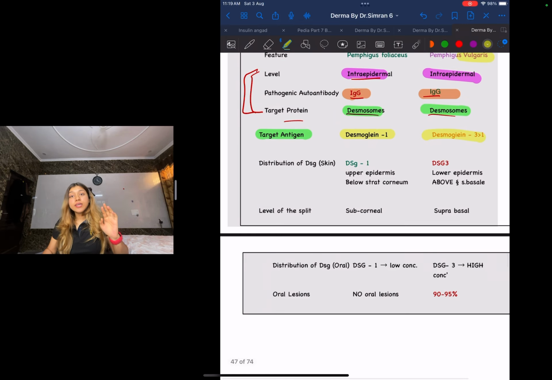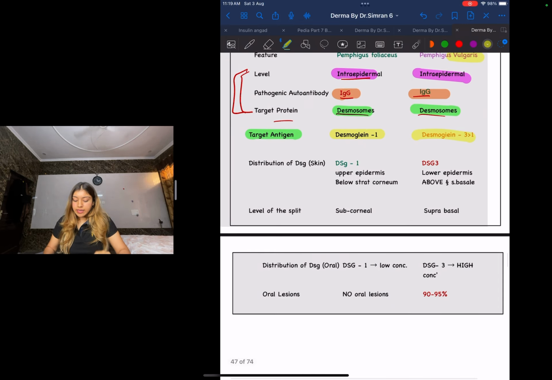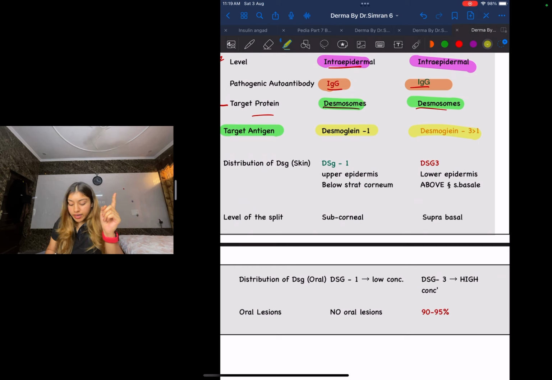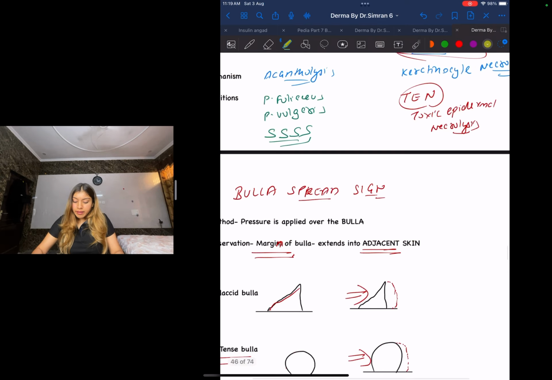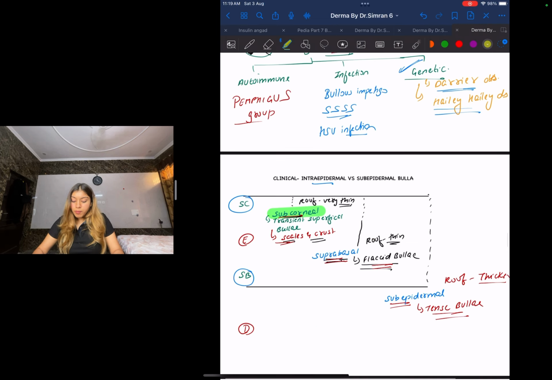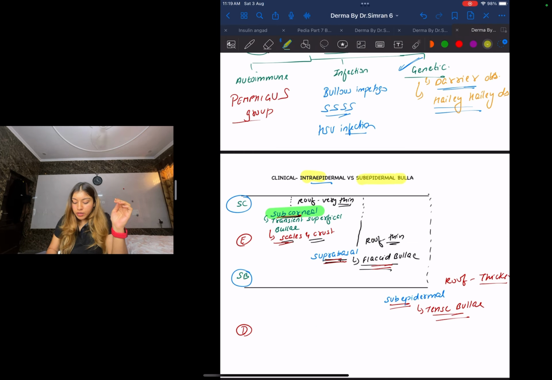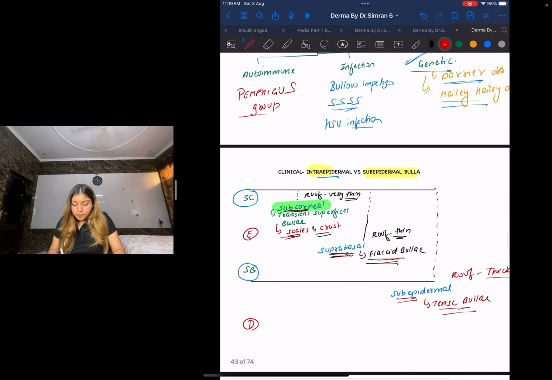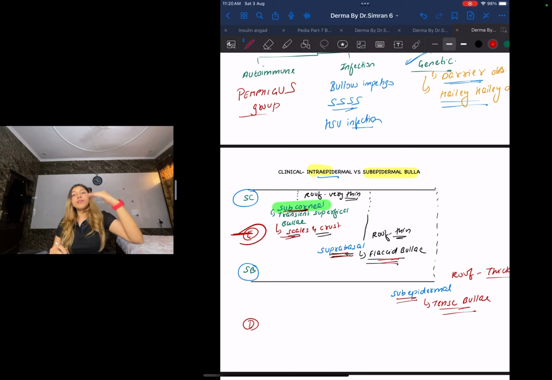Now let us look at the distribution of desmoglein in the skin. We already know desmoglein 1 is for foliaceus. If you remember clearly, which I mentioned earlier in the previous chapter about the intraepidermal and the subepidermal, you already know this is my epidermis. If I keep this as my midline of my epidermis, then there will be an upper epidermis and a lower epidermis.